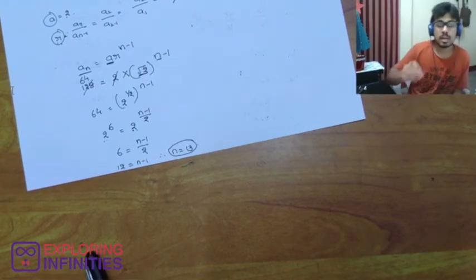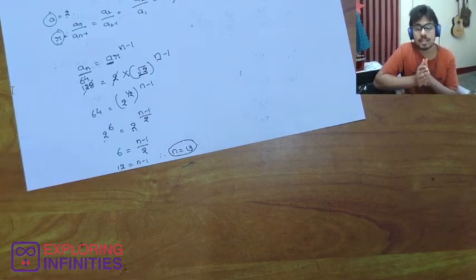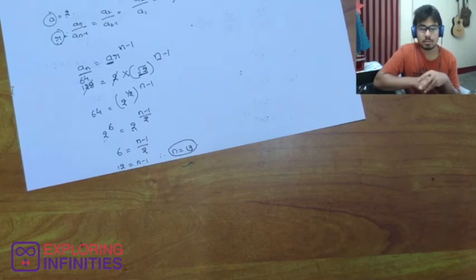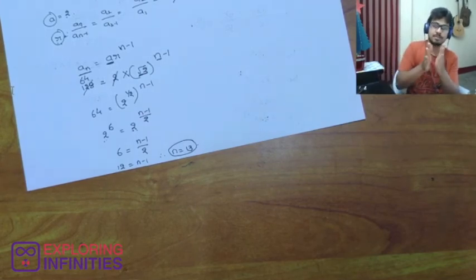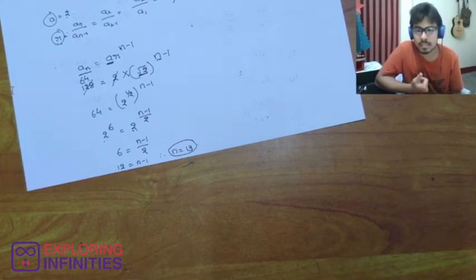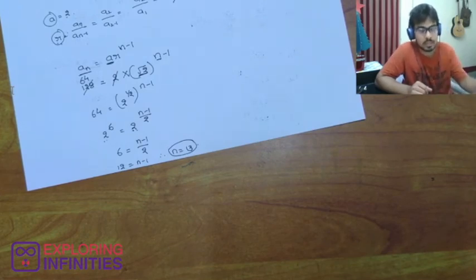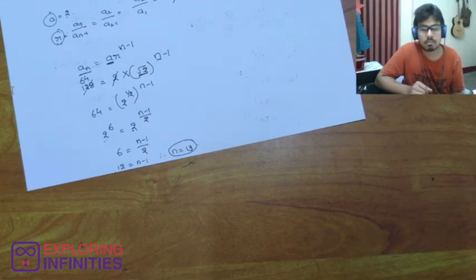I hope you understood geometric progressions, and I'm very happy that we together have successfully finished the chapter progressions. Clap for ourselves. I'm very glad that you were attentively listening to all these lectures, and I'm happy that we together have discussed many things. We have learned many things, and today especially we have learned what is a geometric progression. Its definition being successive terms obtained by multiplying the preceding term by a fixed number.